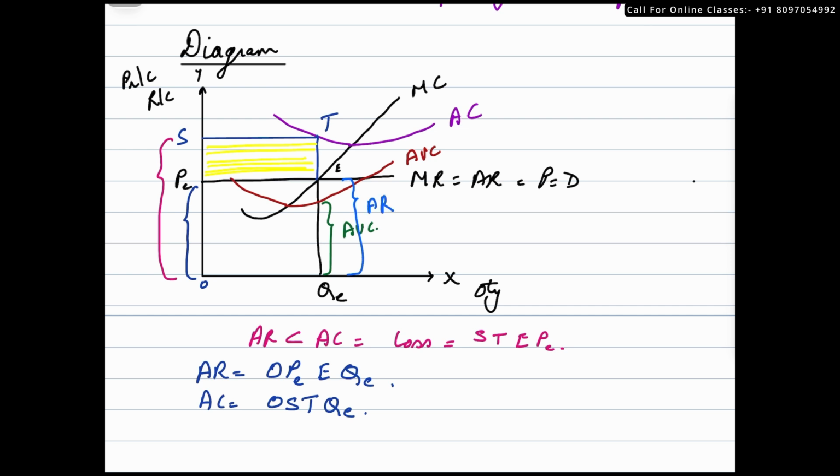So we can see that the firm is able to recover its average variable costs. In this scenario, the firm would not shut down because it is still able to cover its average variable costs at this price. So even if the firm is making a loss, it will still continue to keep producing. Okay? This is how losses would be depicted under a perfectly competitive market.